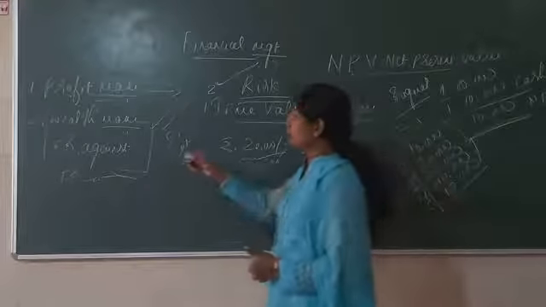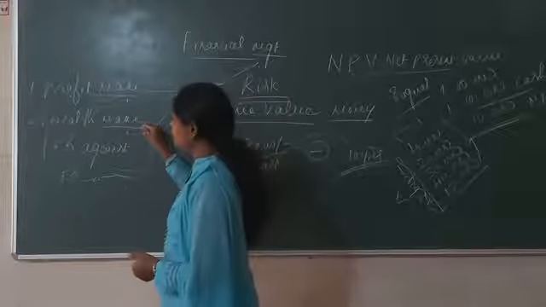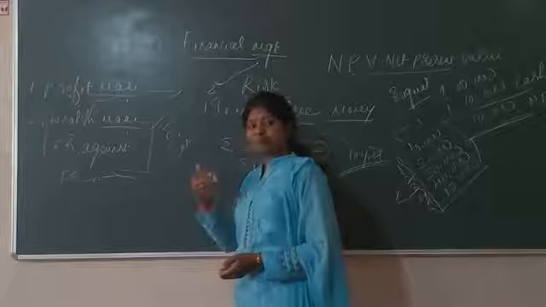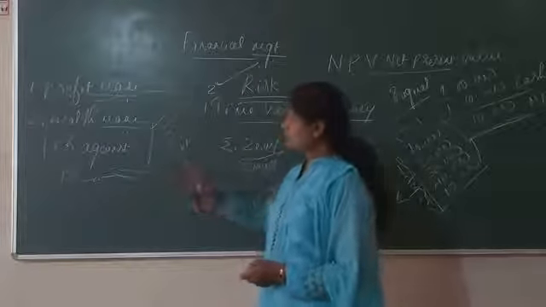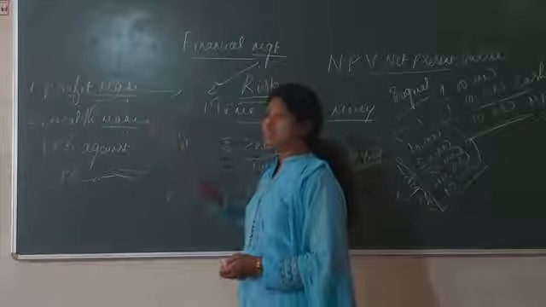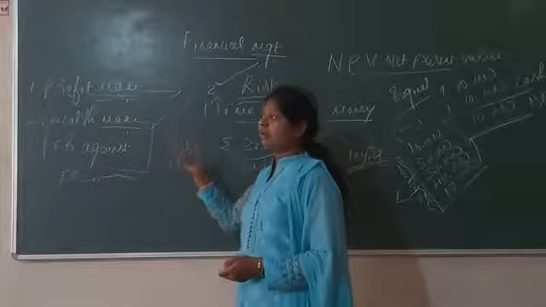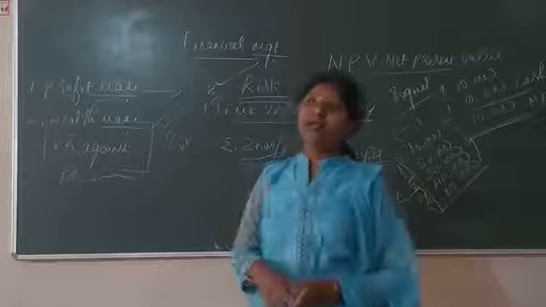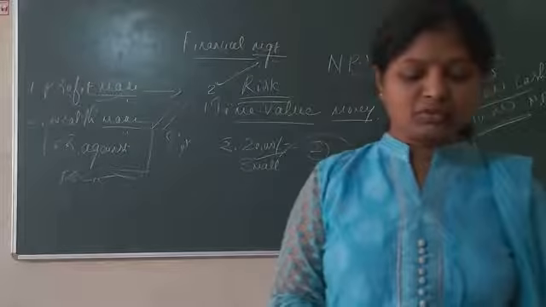The term wealth maximization means the wealth of the organization as well as the shareholders' wealth is increasing. Here the dividend policy as well as the retained earnings per share policies are taken into consideration in wealth maximization.